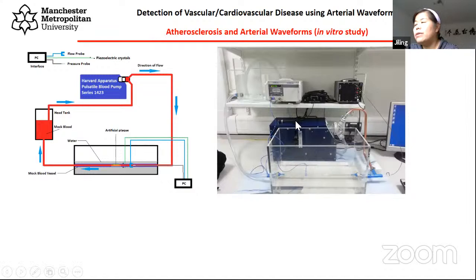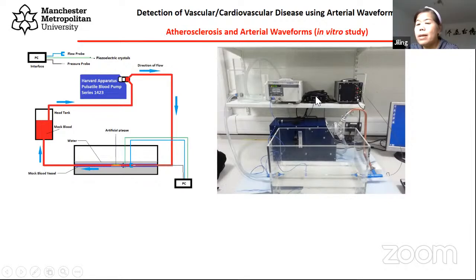It can generate a flow waveform that is identical to the waveform in clinical settings, for example, in the carotid artery. And then we can use this measurement setup: this one is the flow meter, and this one is the pressure sensor for the pressure meter.